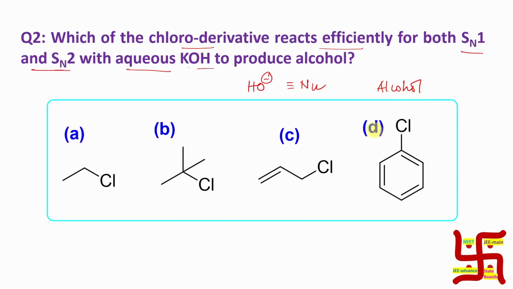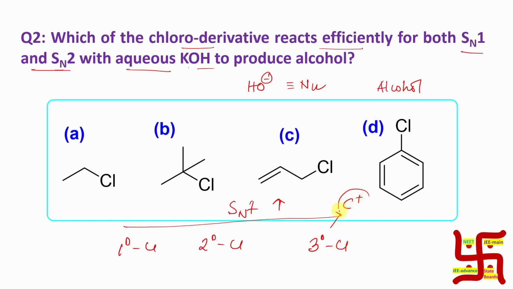Now let's learn a little bit about the basics of SN1 and SN2. If I say primary chloride, secondary chloride and tertiary chloride, as you go from primary to tertiary, SN1 increases, because the carbocation produced in the first step of the SN1 reaction is more stabilized. Tertiary carbocation is more stable than secondary, than primary.